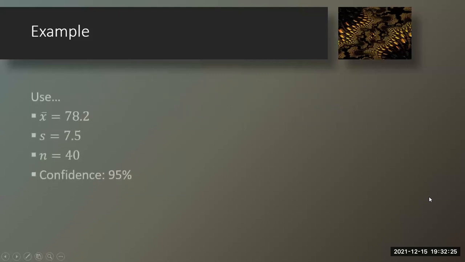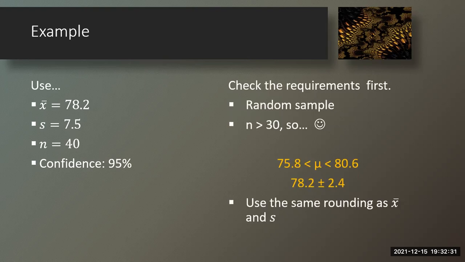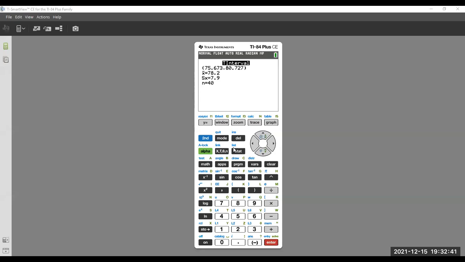So let's see. Oh, 7.5. I used 7.9. My answer is a little bit wrong. So let me come back over there and change that. One of the nice things about doing these kinds of problems on your calculator, if you do make a simple mistake like that, you come back over to take care of that little guy.